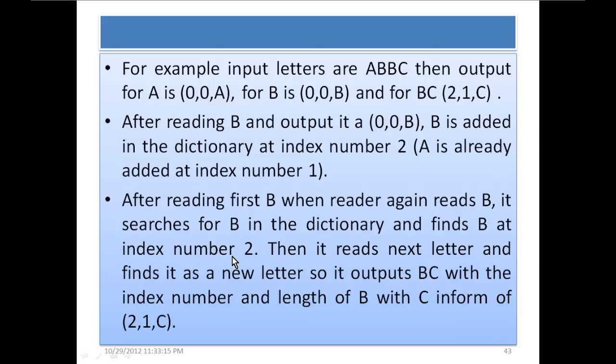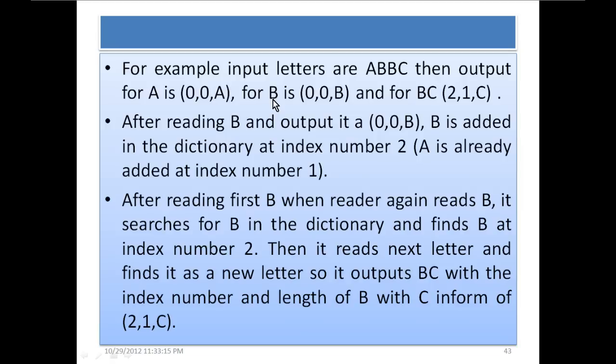So what it does is that it writes its location number, the index number of the previous B, which is 2, as it is written over here. So this 2 is written over here. What is the length of this B? If you are considering it just as a letter, then its length is 1.